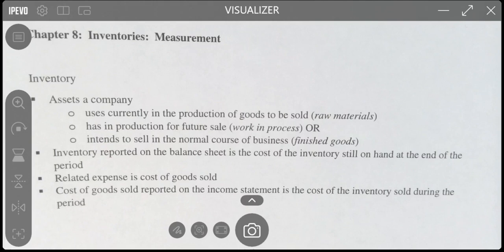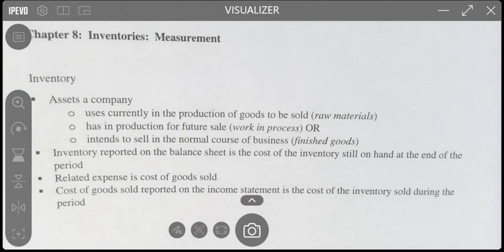It's all sitting in bins. Those are raw materials. Once those raw materials are placed onto the production line, they become work in process. And when the car is completed, it's all transferred to finished goods inventory.